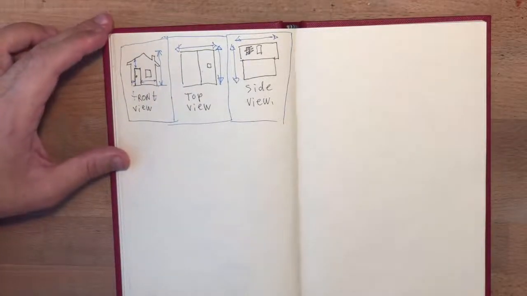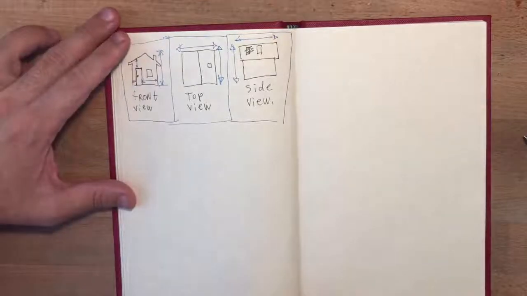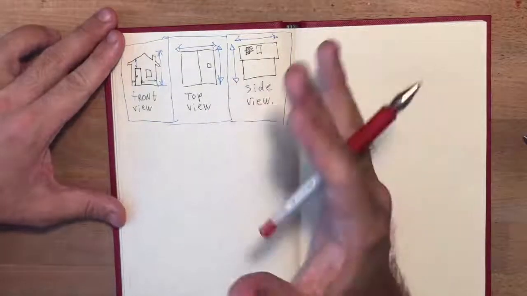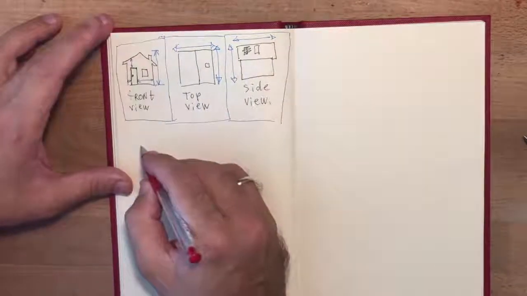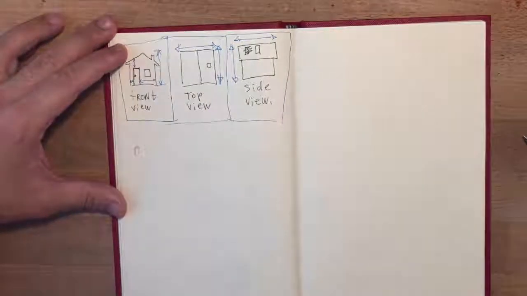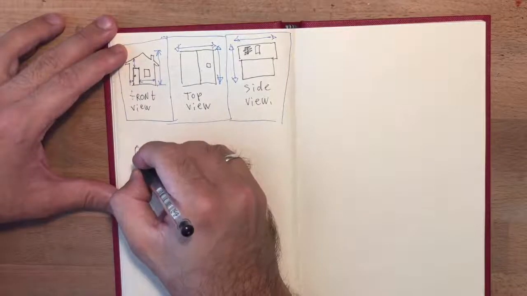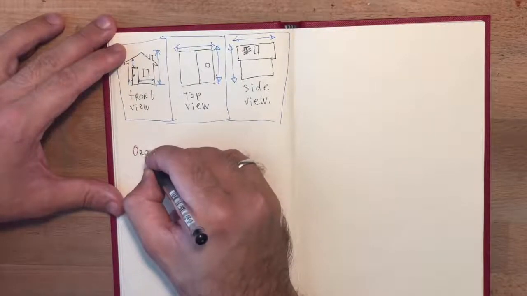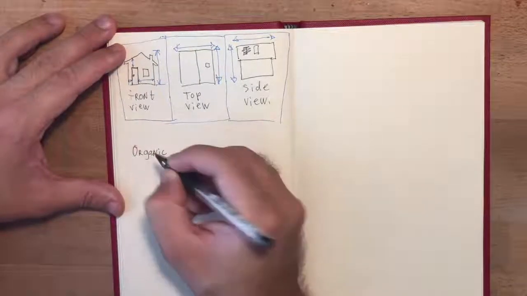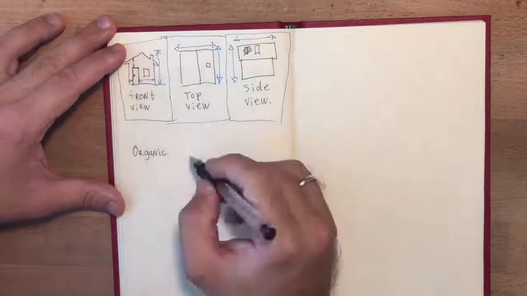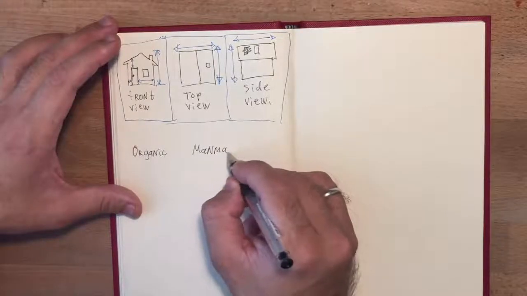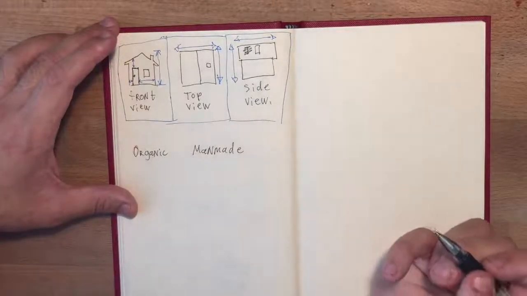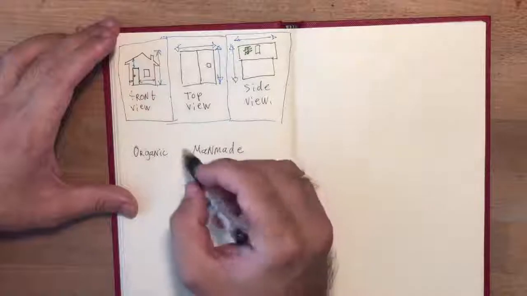Okay, yeah, so also let's just mention, I have also like two major groups. It's organic and, let's say, man-made, artificial kind of.